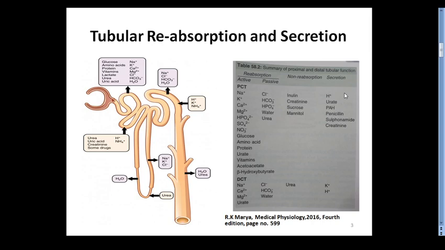In this picture you can see there is a Bowman's capsule where the filtrate is formed, and when this filtrate passes through the different parts of the renal tubules, it gets reabsorbed. Various parts of the nephron differ in their reabsorptive capacity, and a particular constituent of the filtrate gets reabsorbed in a particular part, because the renal tubules are not alike all through.